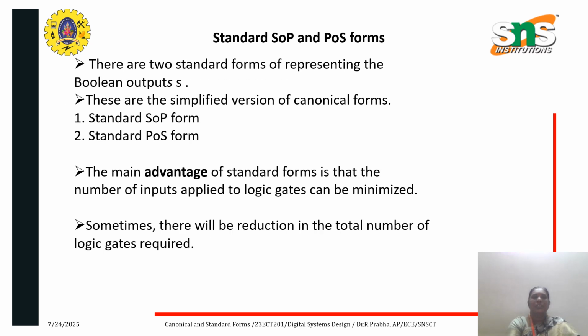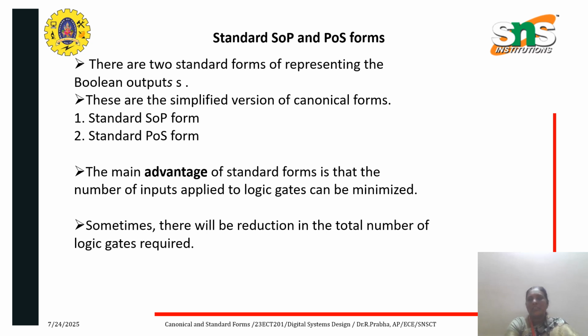So now the simplified version of canonical form, SOP and POS, gives the standard forms. What is the advantage of this standard form instead of the canonical form? The main advantage is the number of inputs applied to logic gates can be minimized. So this leads to reduction of the total number of logic gates required.